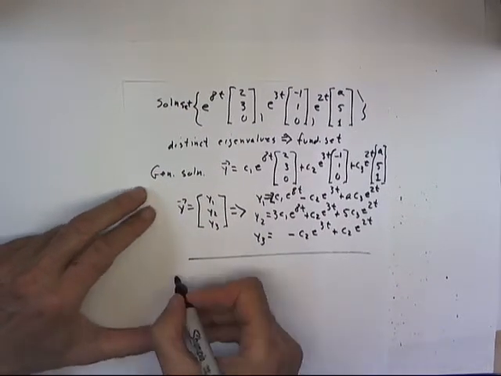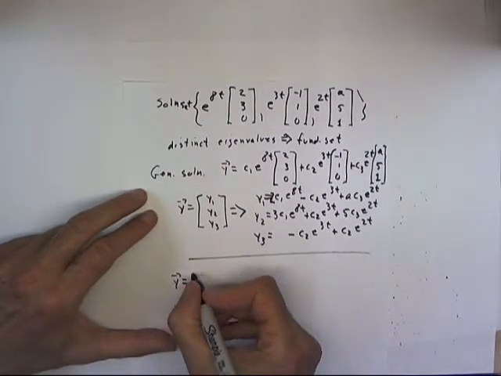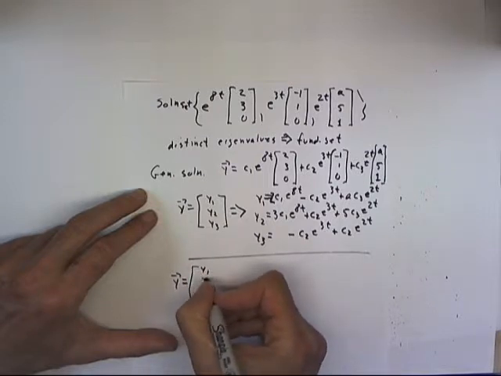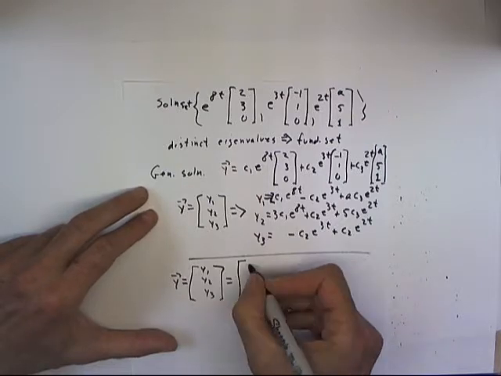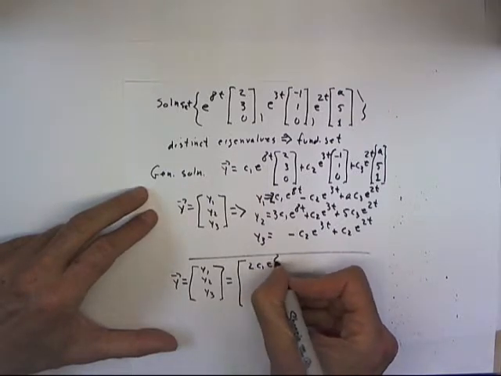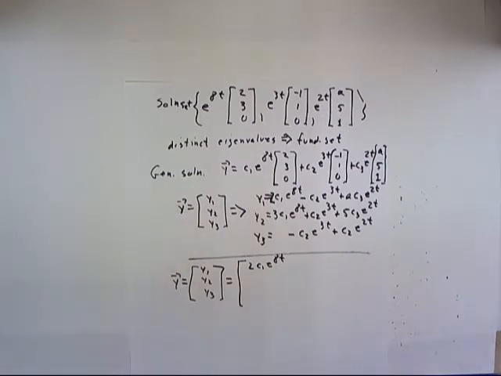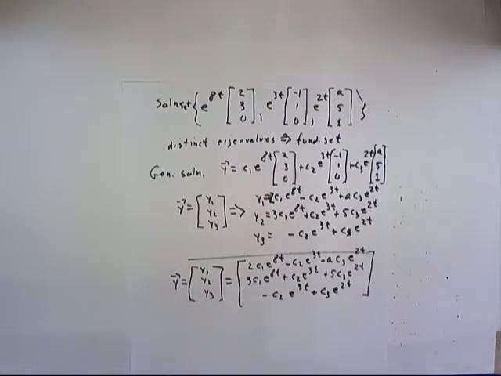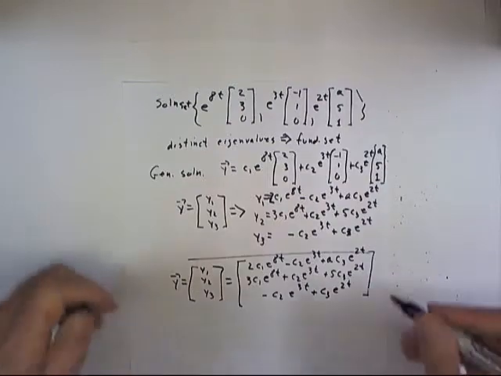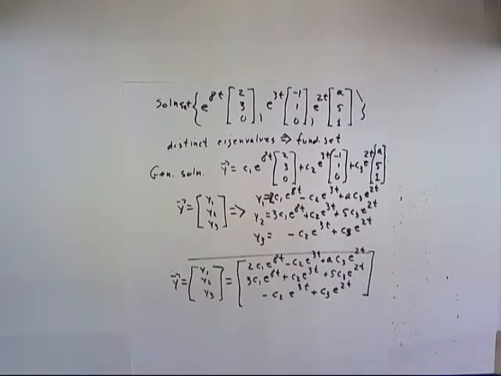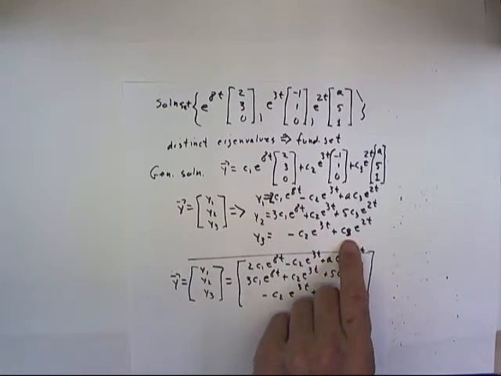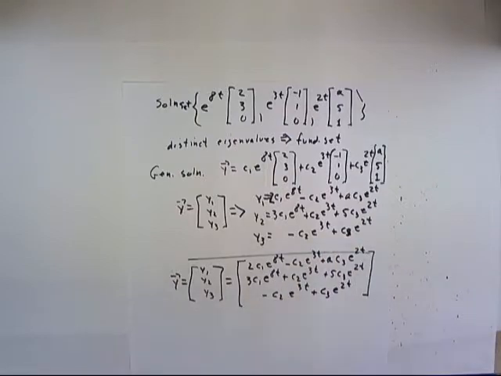Okay, the vector form of the solution, of course, is just y equal to y1, y2, y3 equal to 2c1 e to the 8t, and I'm going to do this off camera. Okay, I've written it out. This coefficient should have been c3. Now it looks like an incomprehensible blob, but that is c3, not c2 as I had it before. And if we write these solutions into this form, here's our vector form of the solution.